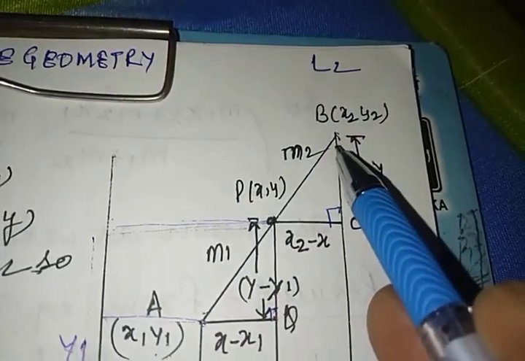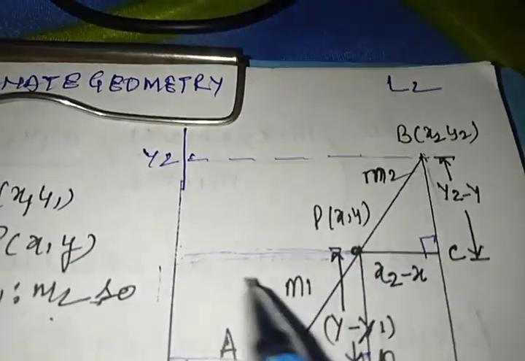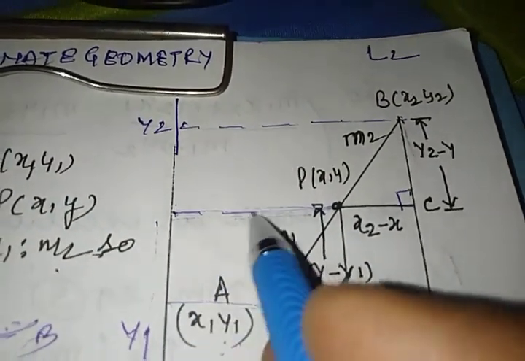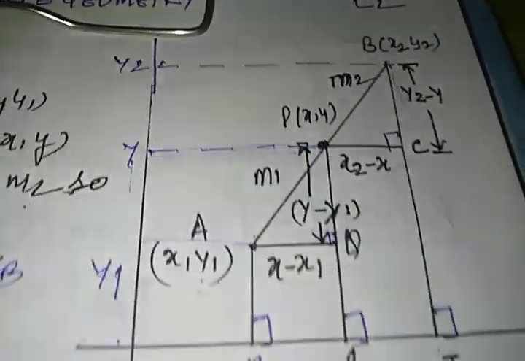Similarly, this distance from here will be y2, and here it was y, and this is y1.